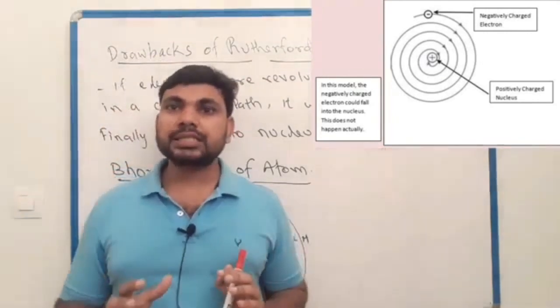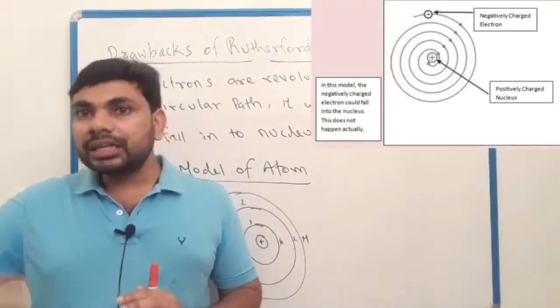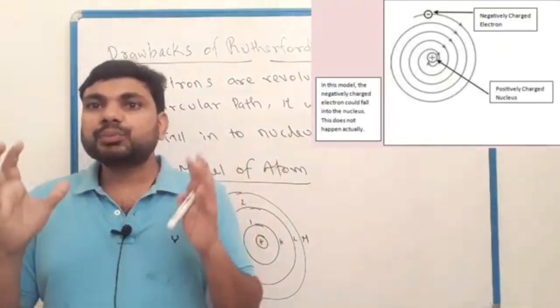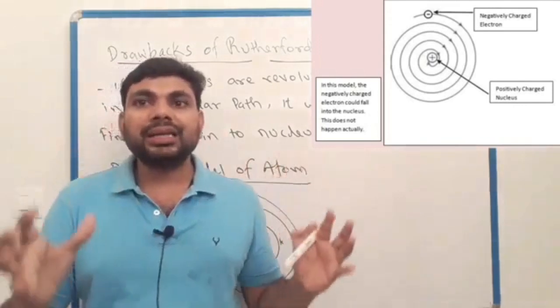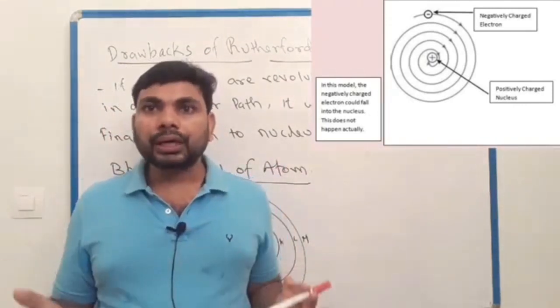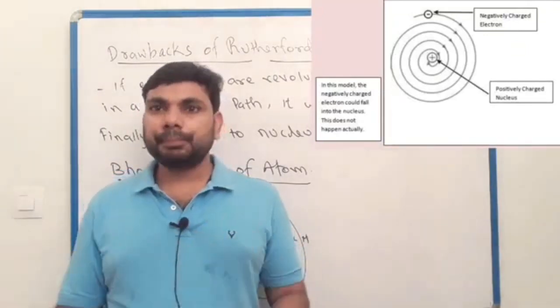You can see the electron will come close to the nucleus. Again it radiates energy, and again it comes closer. Finally the electron will fall into the nucleus. It means there was one electron, and finally it disappeared.